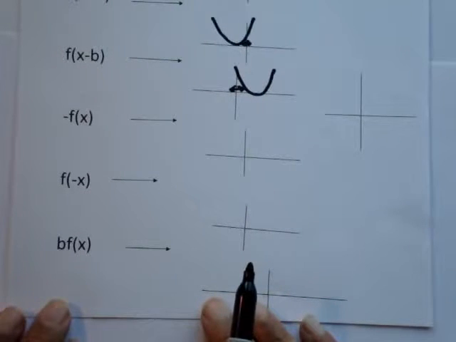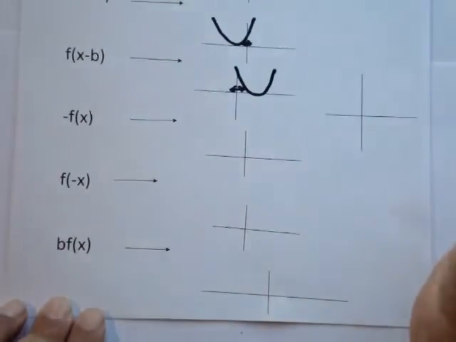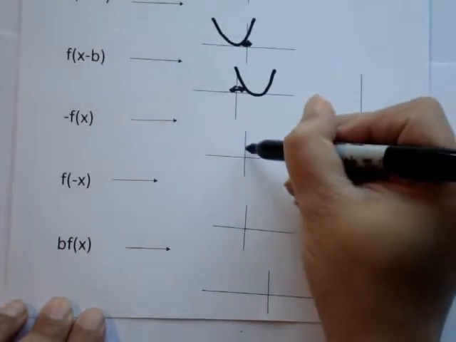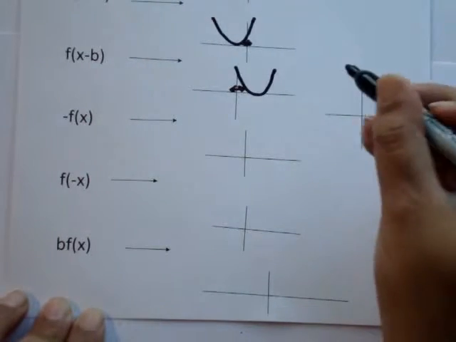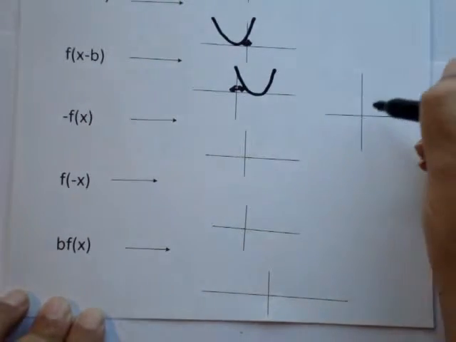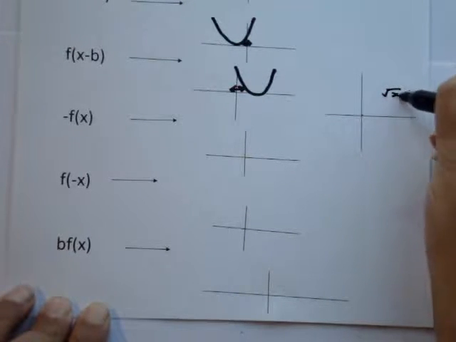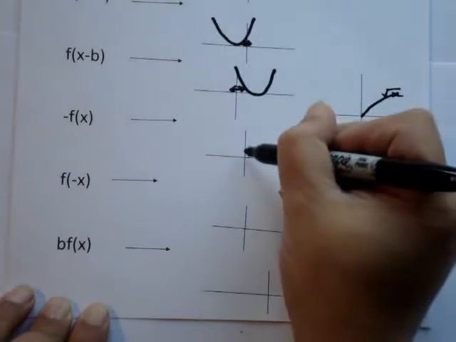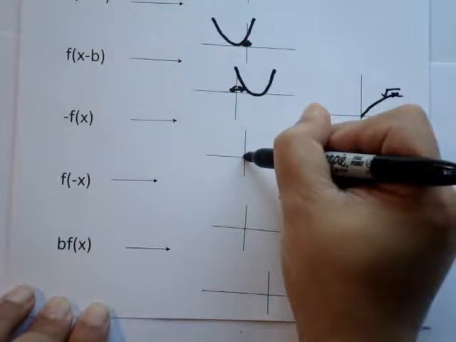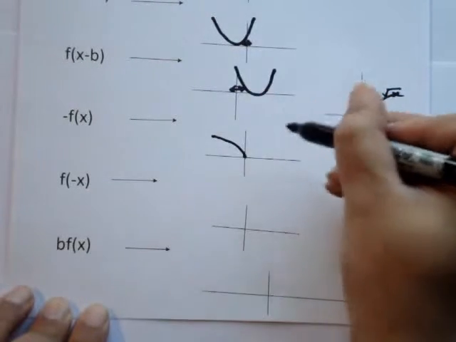This is a reflection in our y-axis, so it'd be difficult to show on a parabola. So what we'll do is, if we have square root of x as a function, which goes like this, this would then be reflected in our y-axis, and it would go in this direction.